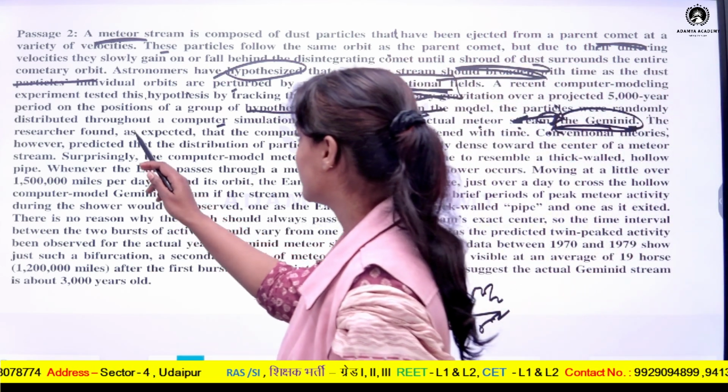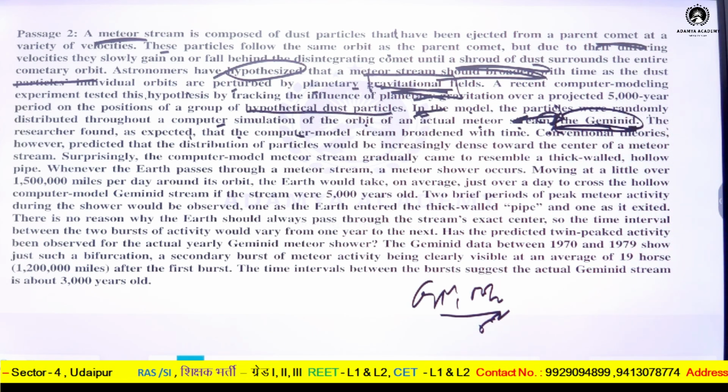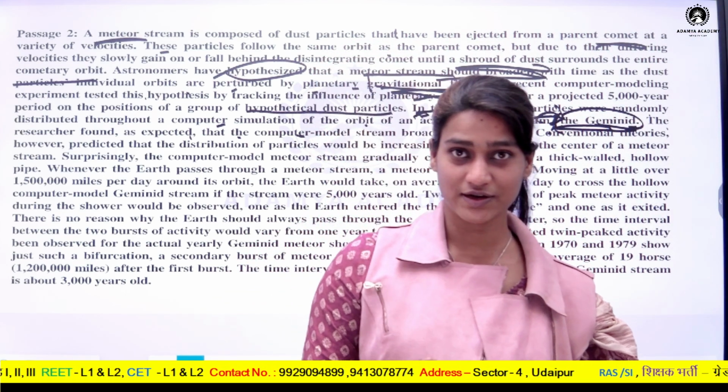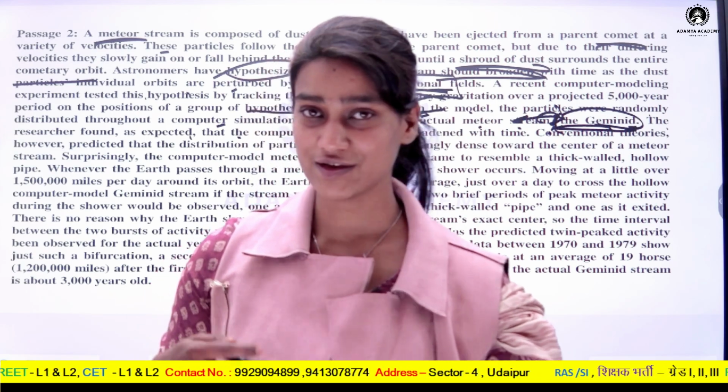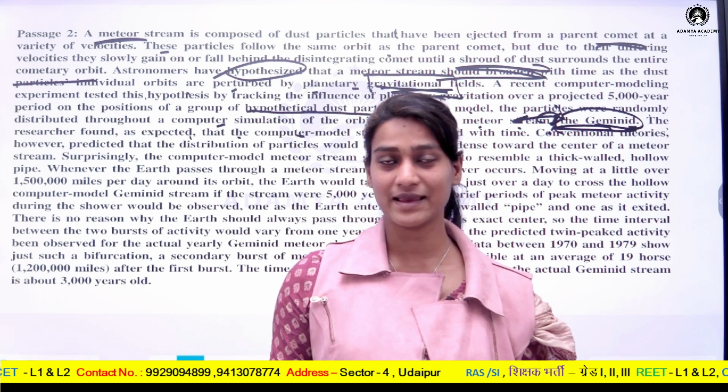The researchers found, as expected, that the computer model's stream broadened with time. Conventional theories, however, predicted that the distribution of particles would be increasingly dense towards the center of the meteor stream. So what is the meaning of conventional? Conventional means the things or traditions which have been established over a period of time and which we follow as customs or daily habits.